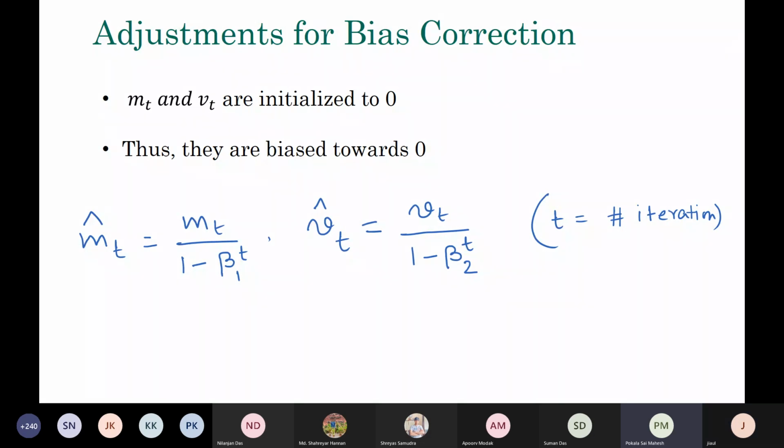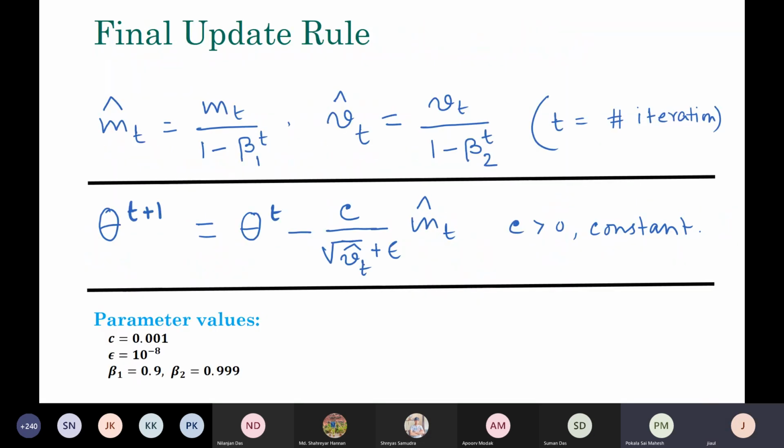Okay. So here is the final expression that you have. It is the same thing, just with slight changes here. Now you can see the final update rule: the MT that we are going to use is MT divided by 1 minus beta 1 to the power t. Beta 1 and beta 2 are the hyperparameters. And you also have the VT expression defined before. The update rule changes slightly.